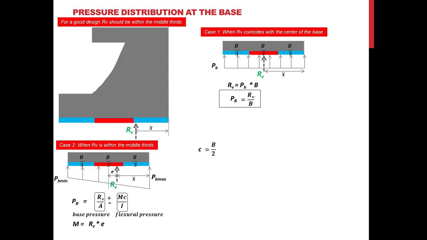Remember that when we view our base from the bottom, it will be in the form of a rectangle, wherein the neutral axis is half of the base. So the moment of inertia is given by the formula BH cubed all over 12 for a rectangular section.